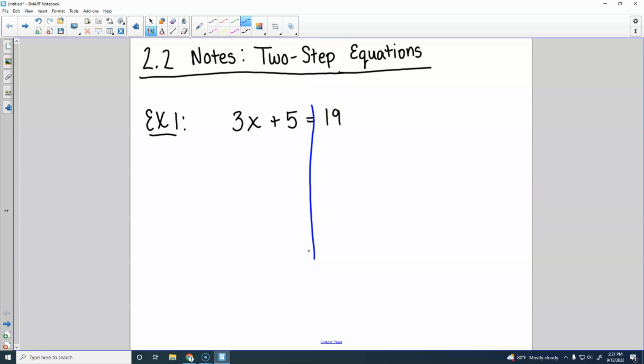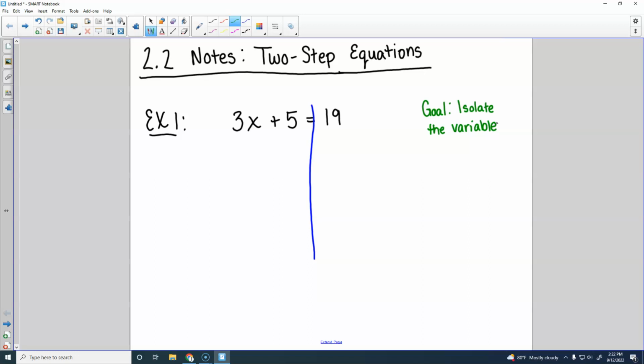So, when we are solving an equation, always, I'm going to write over here, our goal. Okay? Our goal is to isolate the variable. What in the world does that mean? X is our variable in this particular equation.